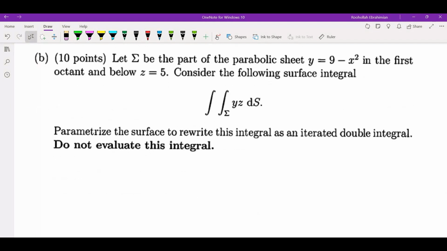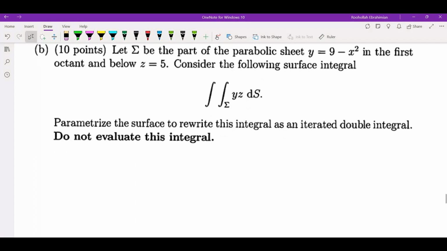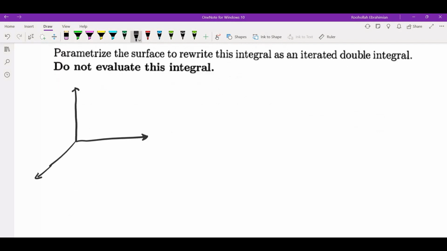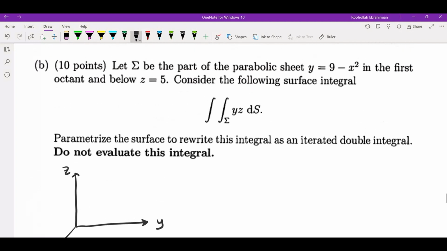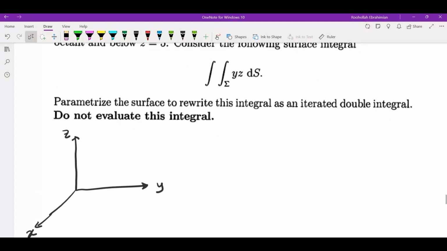Let sigma be part of the parabolic sheet y equals 9 minus x squared in the first octant. So 9 minus x squared in the first octant will look like this.